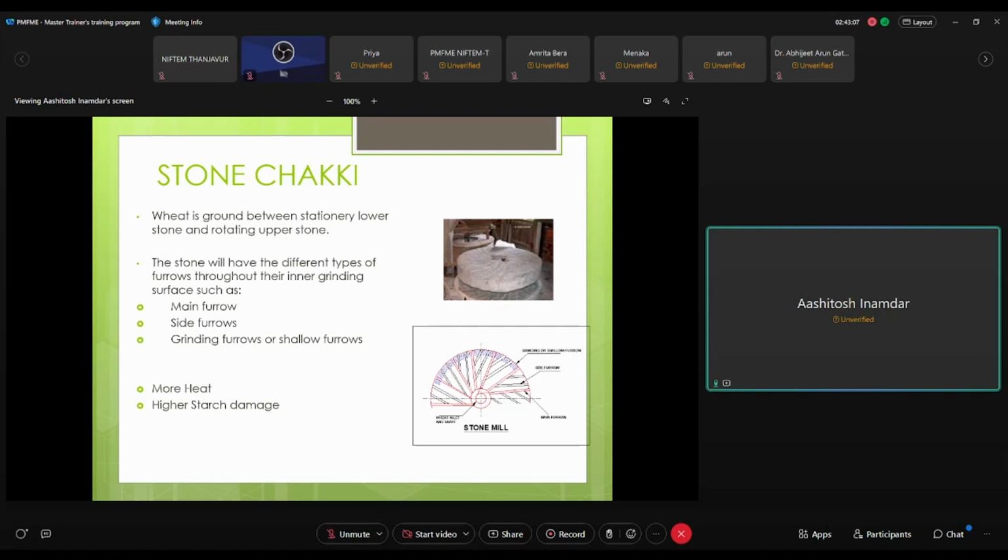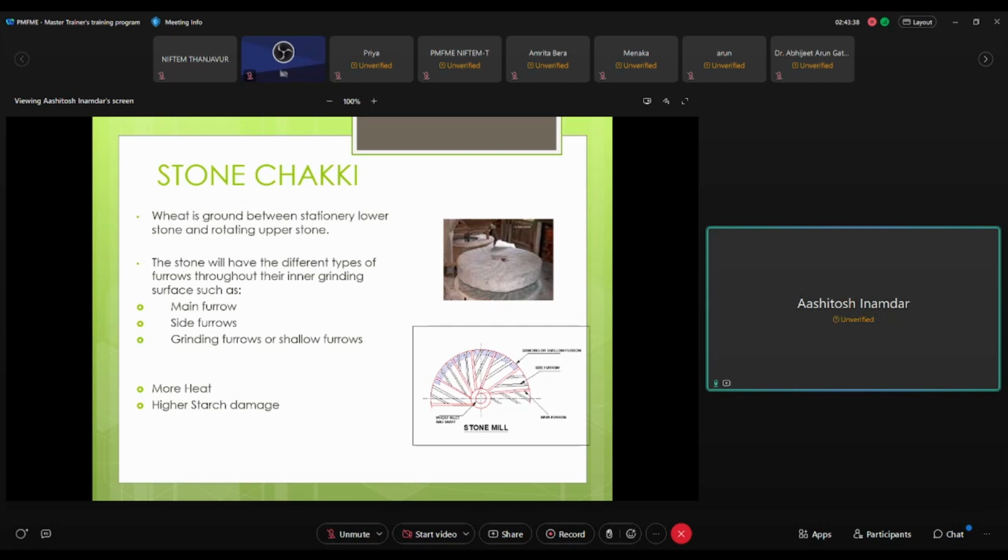But one disadvantage of stone chakki is the smaller capacity. It runs hardly 250 to 400 kgs per hour, as I said. So for very huge capacities, this is a limitation. The other limitation is that the grinding area is only at the periphery, and if the mill is running continuously, within 1 week or 10 days the stone wears out.